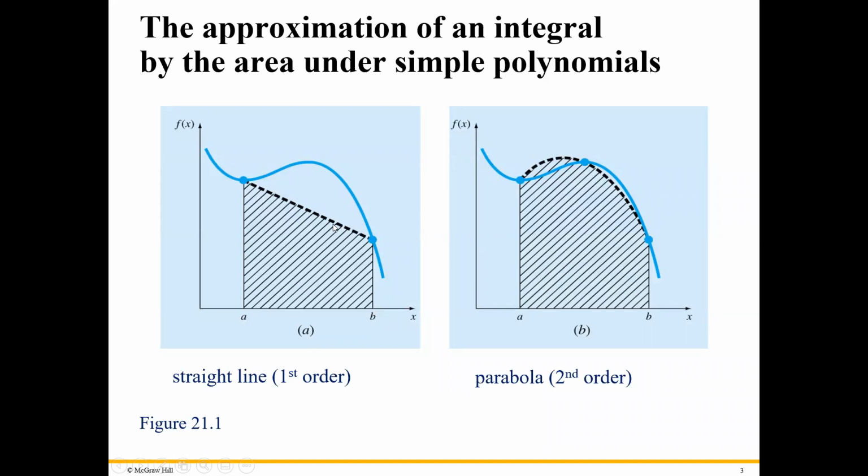However, when we approximate it with this straight line from point A to point B, we get this shaded area. Here you can very clearly see that this shaded area is smaller than the actual value of the integration.